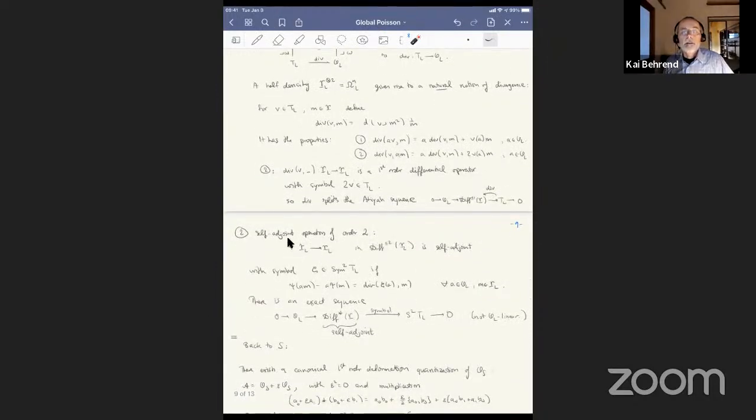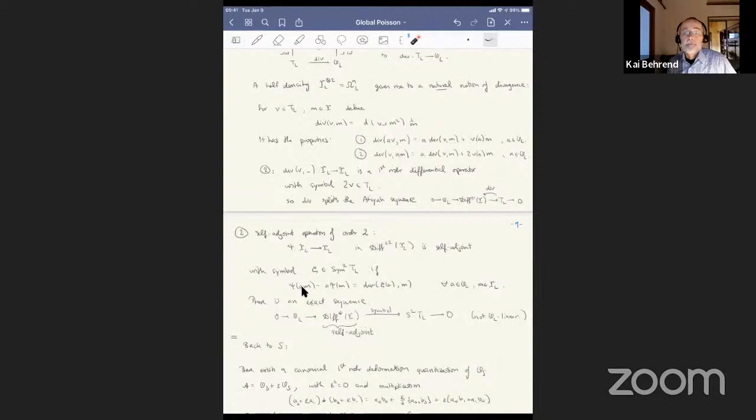Another thing I can do if I have a half density is talk about self-adjoint operators of order 2. So the definition is like this. A differential operator of order 2 on epsilon is self-adjoint with a symbol zeta if it satisfies this definition here.